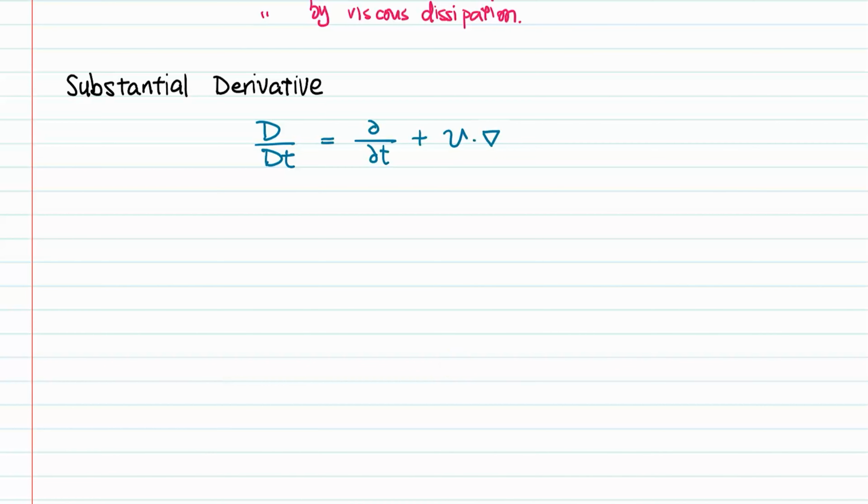For example, if you're looking at the substantial derivative of your internal energy, then it will look like Du/Dt equals partial u partial t plus v dot gradient u.